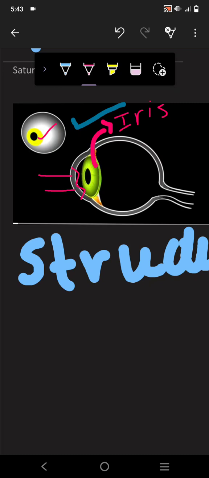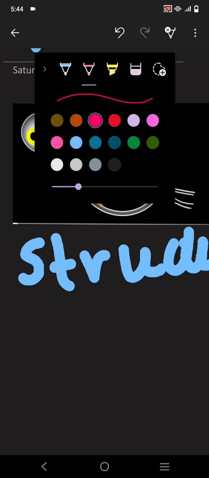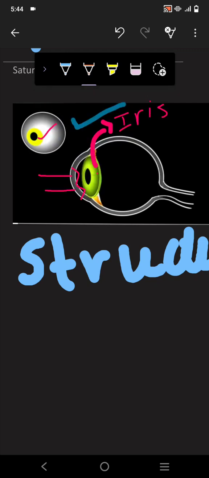So the iris will absorb those rays, and then it will appear green in color. For example, the green rays are coming over here. So that is why your iris has different colors. Some people have brown, some have gray. So that depends on the iris and the rays of the light.